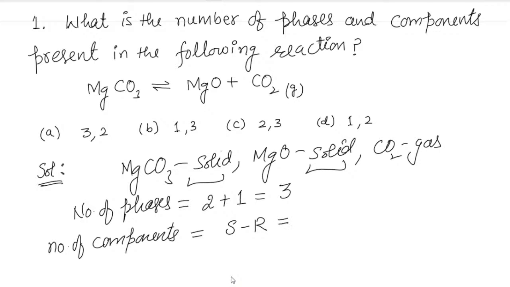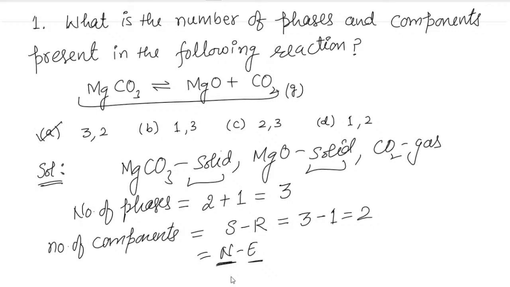So number of constituents is 3 and number of equations, that can be S minus R, or we can write N minus E, means number of constituents minus number of equations. So there is one equation between these 3 constituents, so 3 minus 1, that is 2. So 3 phases and 2 components.